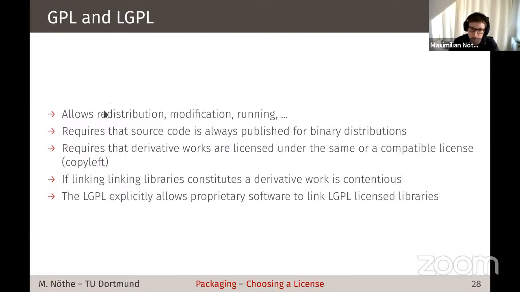But they require that if you make modifications to that software or distribute it yourself with other software you made using this software, you have to use a similar license or the same license. So you are not allowed to charge people money for your proprietary source code when you use a library that is under the GNU public license or the lesser GNU public license.